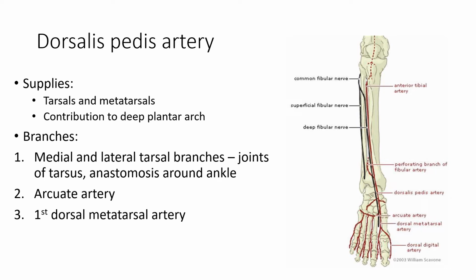So it's contributing to that arch, and the branches which you can see here are the medial and lateral tarsal branches to the joints of the tarsus, and for anastomosis around the ankle by joining with the malleolar artery and the arcuate artery branches. Then you are seeing the arcuate artery, which is also coming from it at the bases of the metatarsals, and it will give the first dorsal metatarsal artery. We are seeing these branches in this picture.